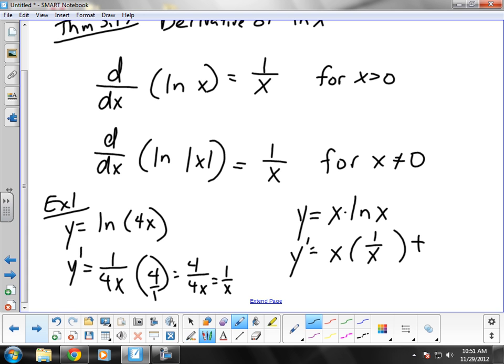Plus the derivative of the first one, which is 1, times the ln of x. So x times 1 over x is just 1, plus 1 times the ln of x, which is just the ln of x. So the derivative is 1 plus the ln of x.